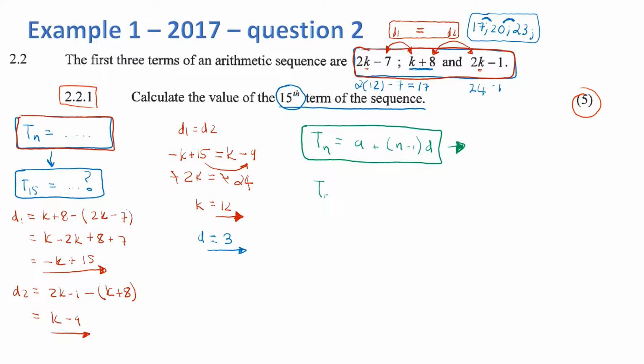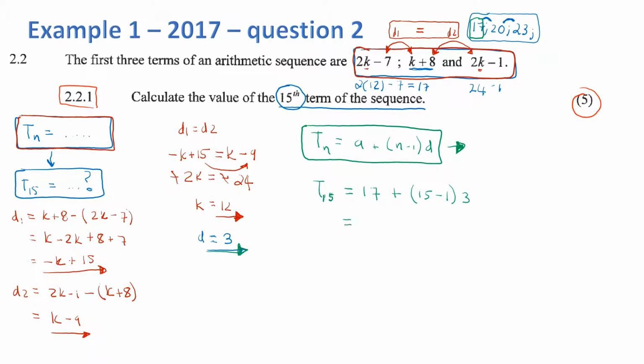So more concisely, they want T15. That's going to be, well, this first term over here is a, so that's 17, plus 15 minus 1, and the value of d we calculated here is 3.